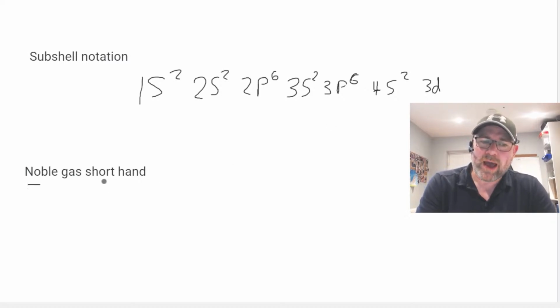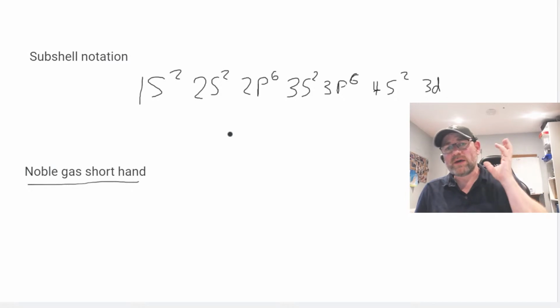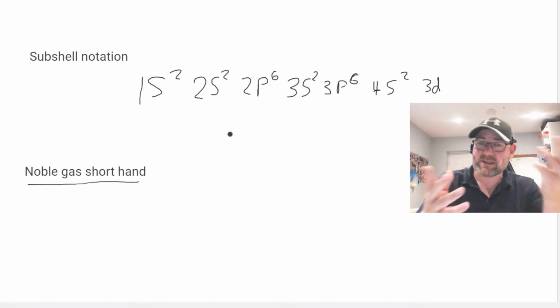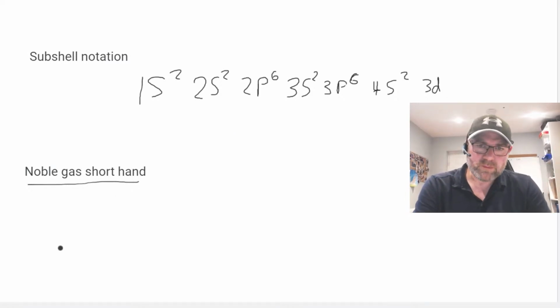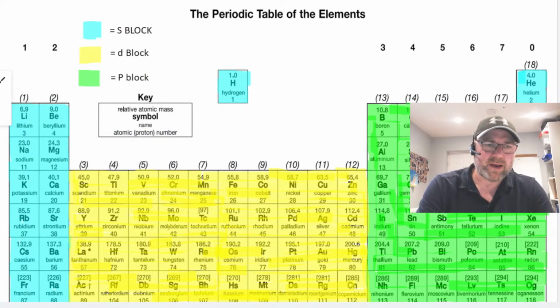Right, noble gas shorthand. That took absolutely ages, me writing that out. So there's a shorthand way for us to do this. If we look at the closest noble gas to calcium, and I go here to my periodic table, we can see calcium is here, and calcium has 20 electrons.